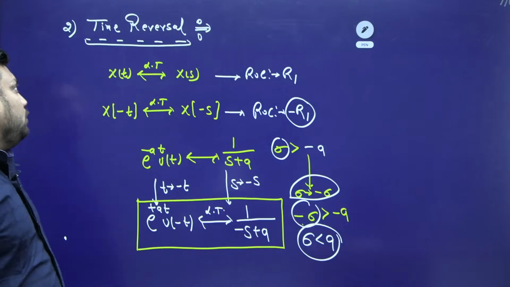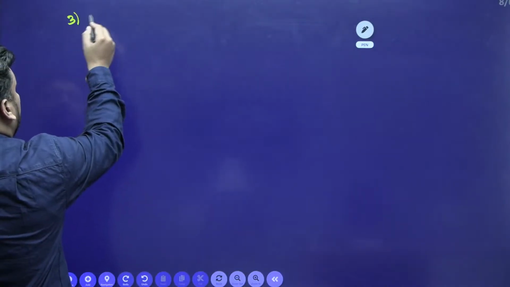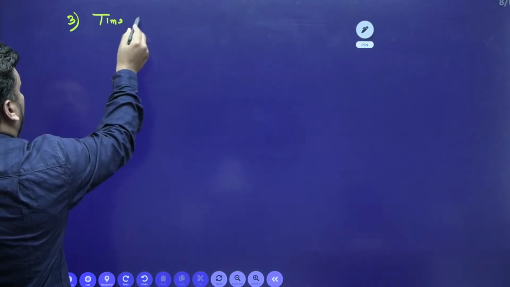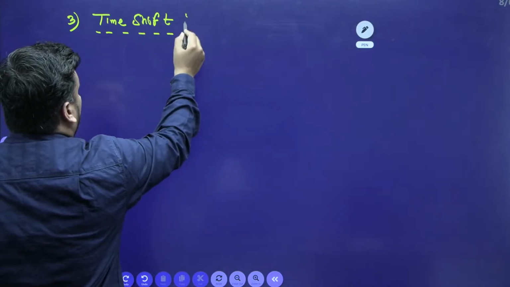Okay. The next property, property number 3, is the time shift property.